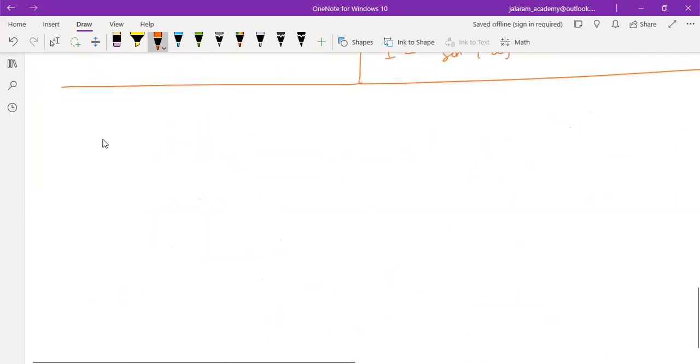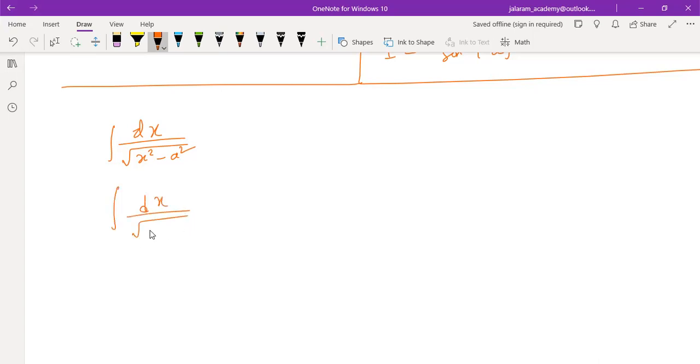Okay. Now, some more formulas are there, like dx upon under root of x square minus a square, and dx upon under root of a square plus x square.